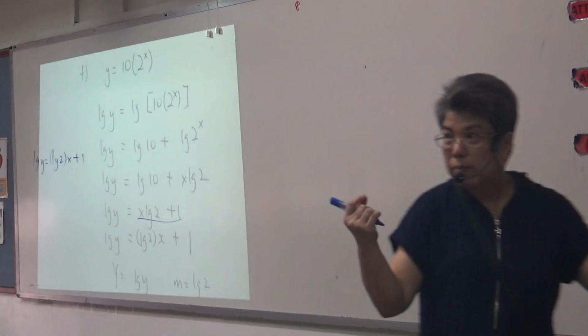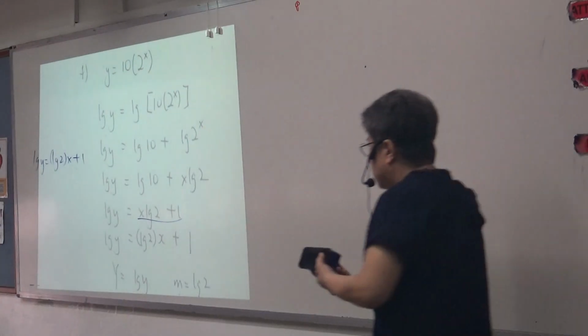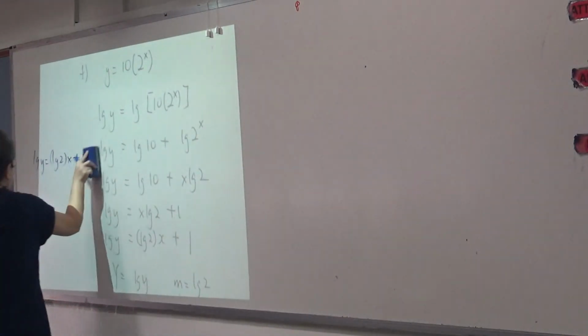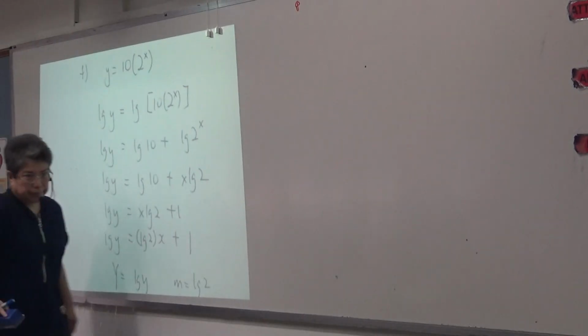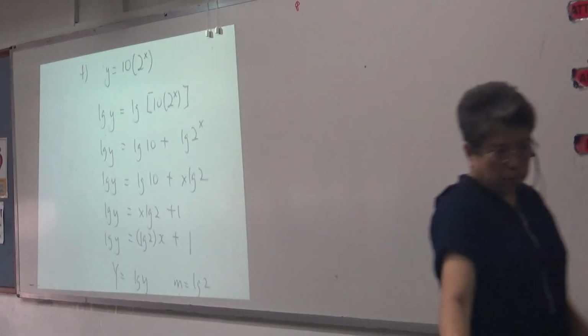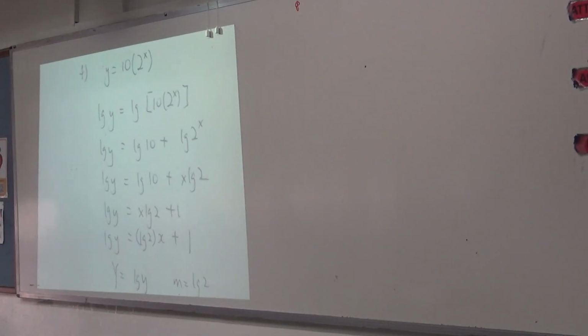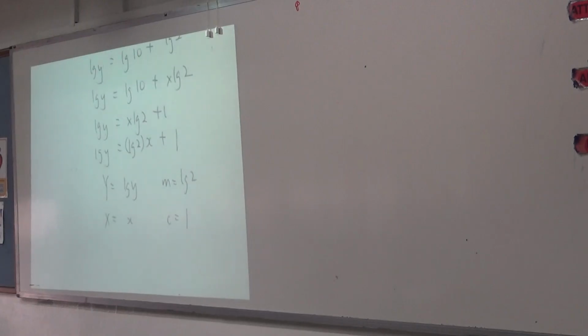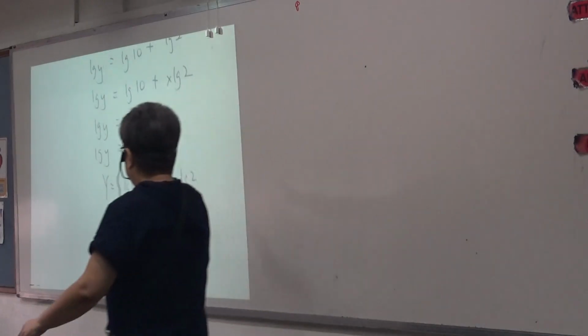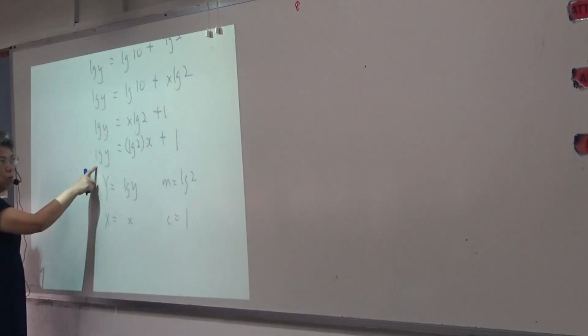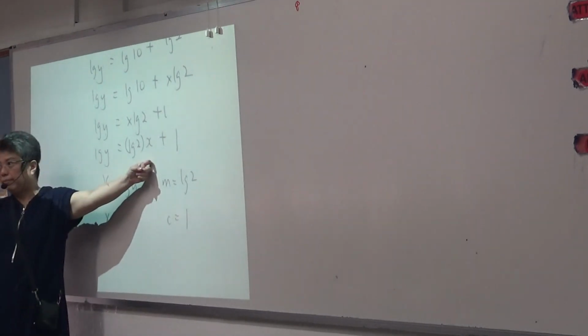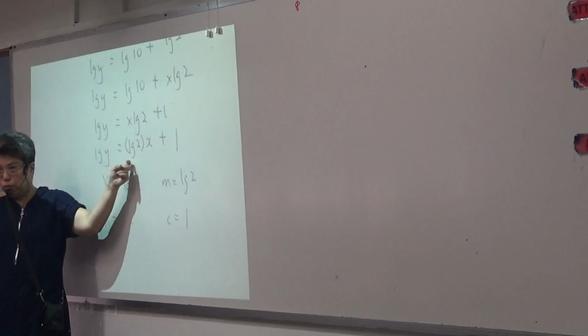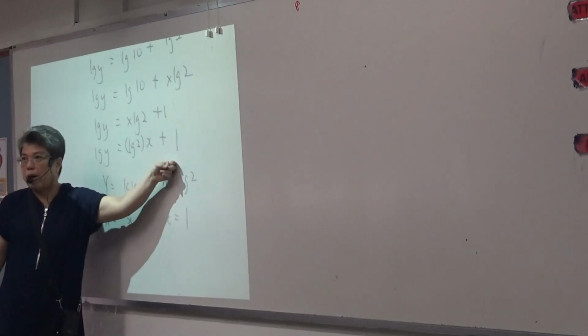Am I right to say that? Yes or no? Okay? So what do you plot? I write like that. That means I will plot log y against x, right? What's my gradient? Log 2. What's my y-intercept? 1.